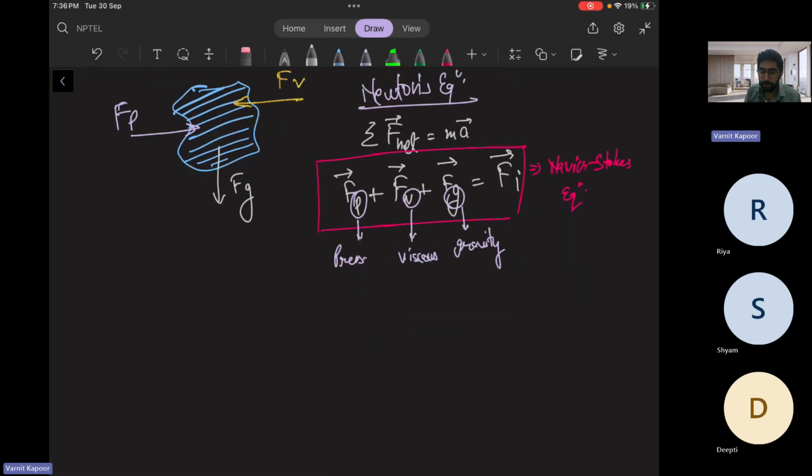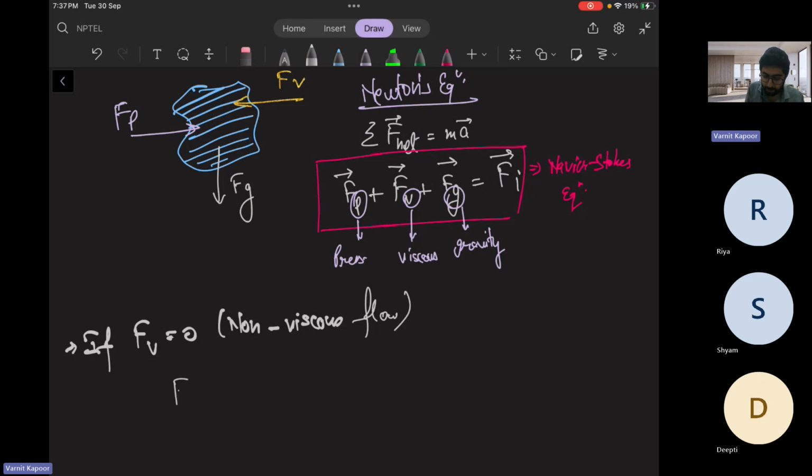When we say that viscous force is absent in the flow, if Fv is 0, then it is a non-viscous flow. Then I am just left with inertial force equal to the sum of pressure plus gravity, and this is nothing but your Euler's equation.